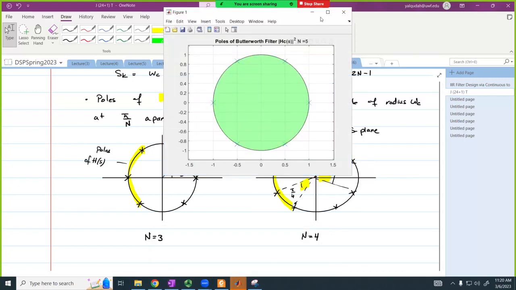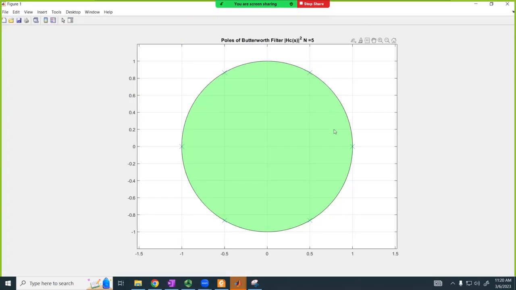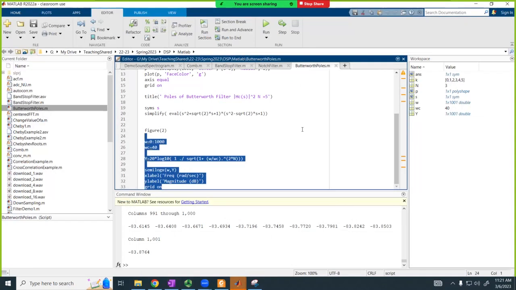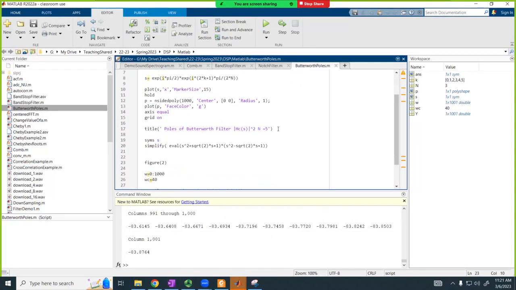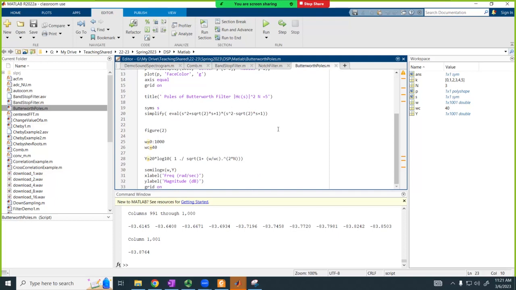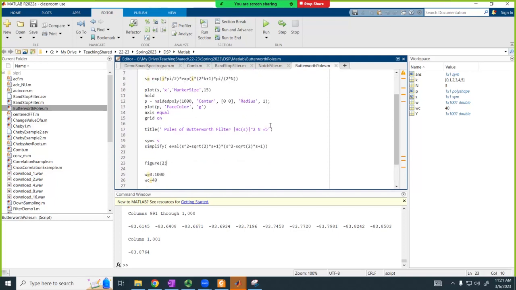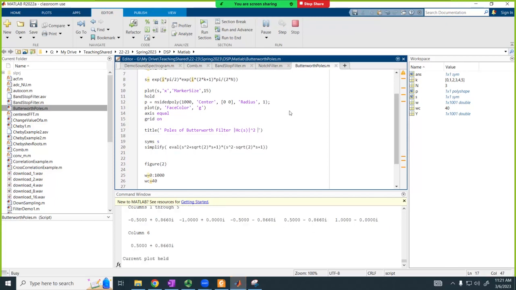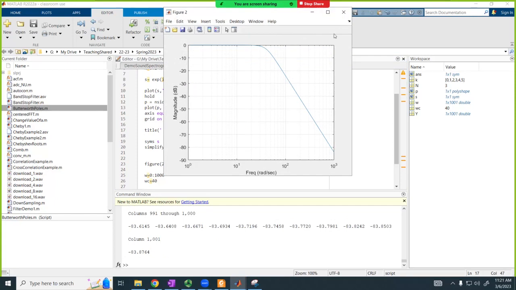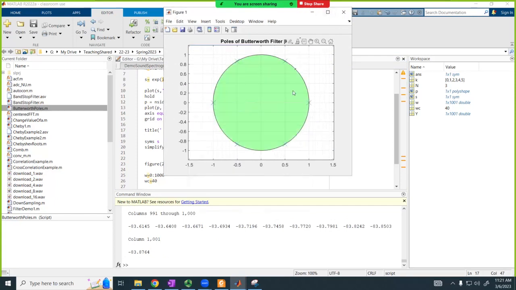So this is when n is equal to 3. Here are the poles when n is equal to 3.